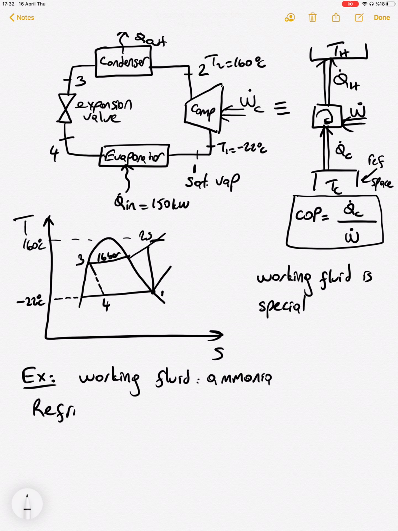Refrigeration capacity is 150 kilowatts. Okay, so what is required for this to happen?